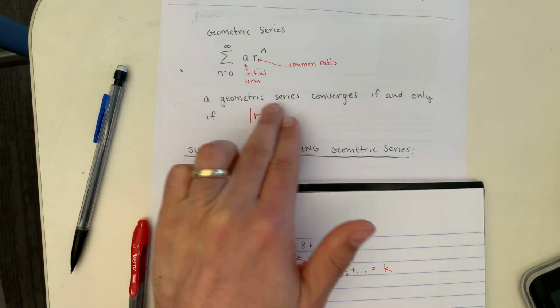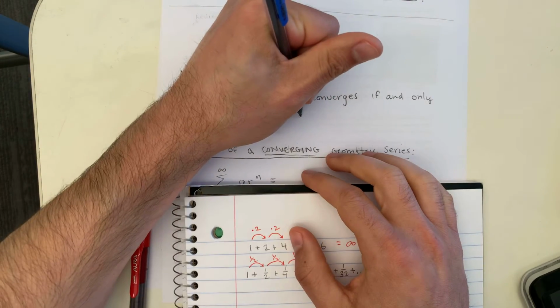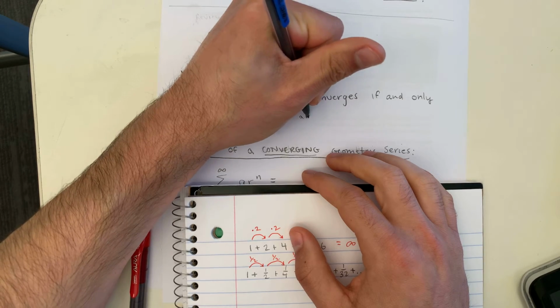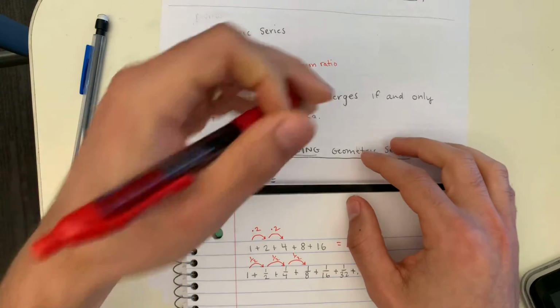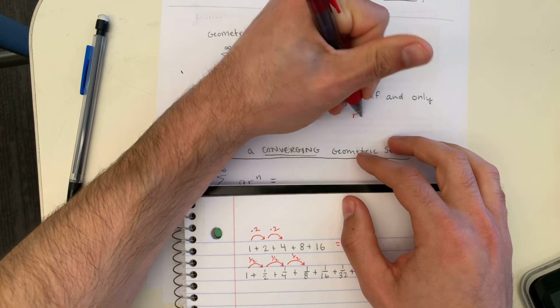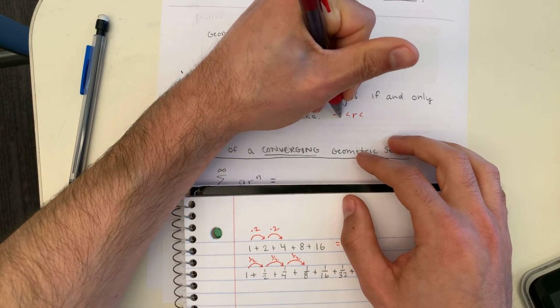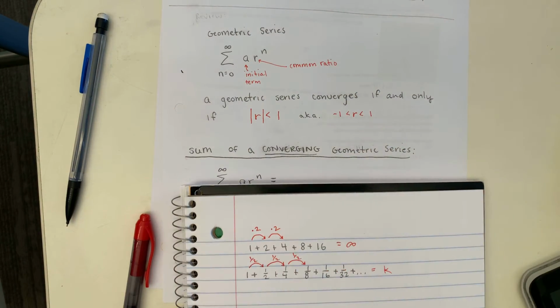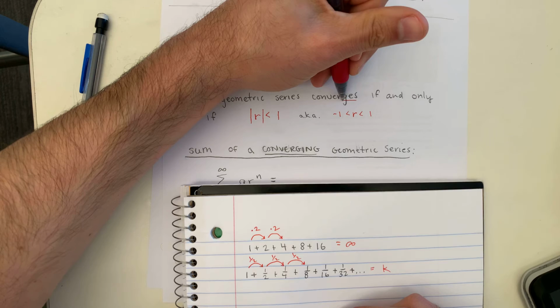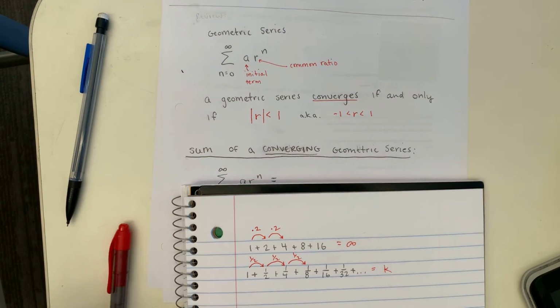So that's what we're going to be looking for. I'll also say AKA, which is also known as, another way of saying your R value is between -1 and +1. As long as it's within that range, then we will have a converging geometric series.